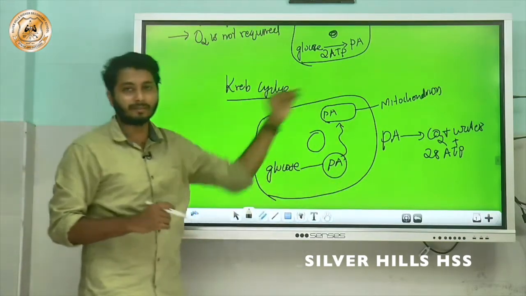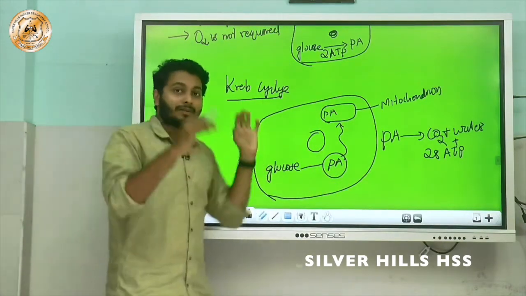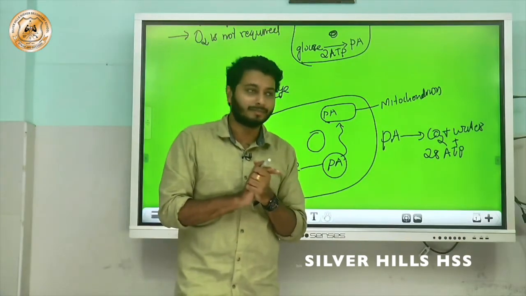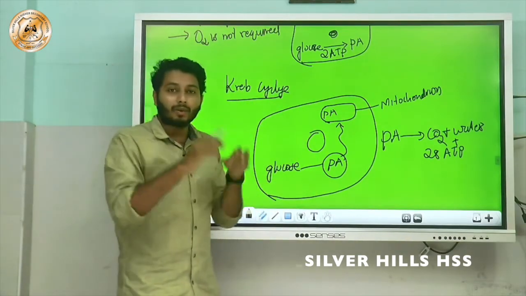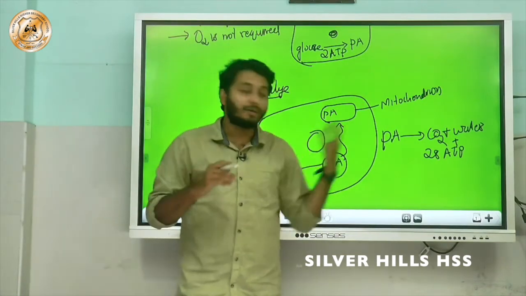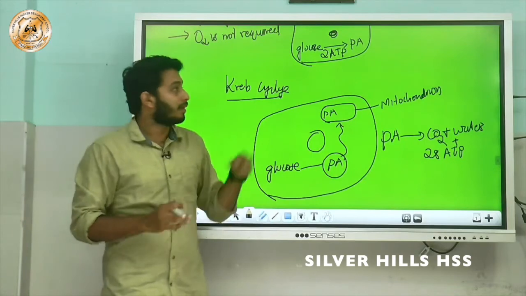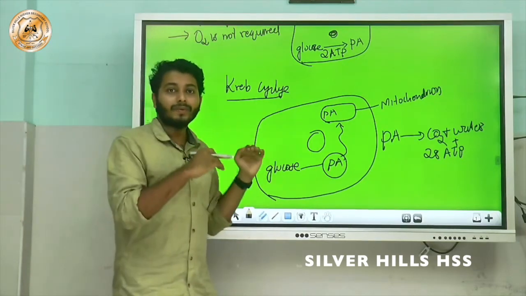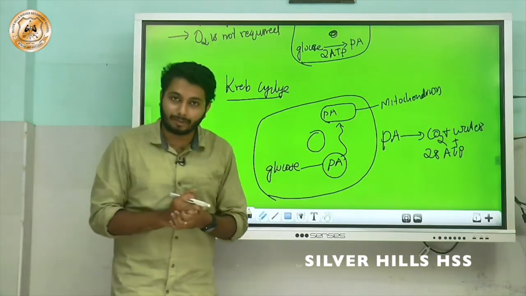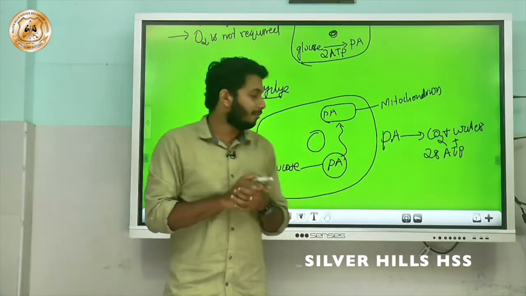Involved in cellular respiration. Let me conclude. Respiration at the cellular level is termed cellular respiration, and two phases are involved: glycolysis and the Krebs cycle. The process of converting glucose into pyruvic acid is glycolysis. Two ATP molecules are produced, and oxygen is not required for this stage.